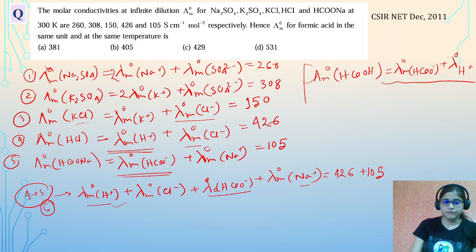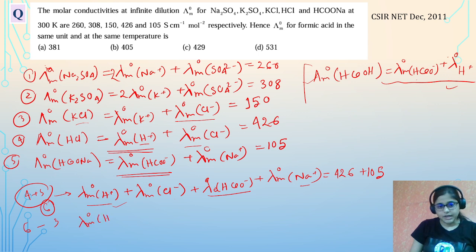Okay. If we subtract with this, what will happen? H plus and H plus will cut out. But we want that H plus term, it is needed. Okay. So now let's say from 6 we are subtracting the 3.